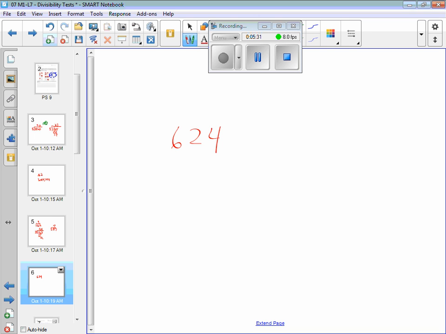Chris? No, but that's a good guess. Trist. Because the last digit is even? We're close. Very close. Angelina? The last two numbers are 24. You look at the last two numbers, and if 4 can go into the last two digits, 4 will work for the entire number. 4 goes into 24, so it will work for 624.